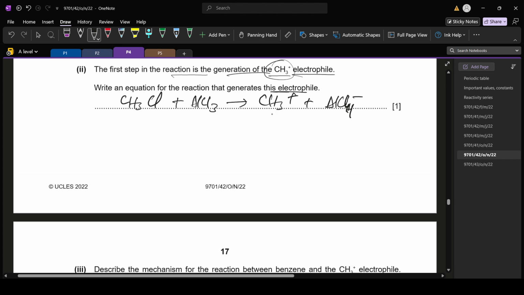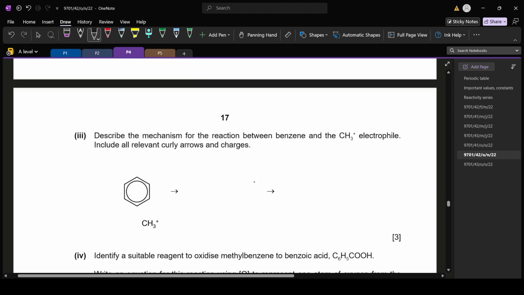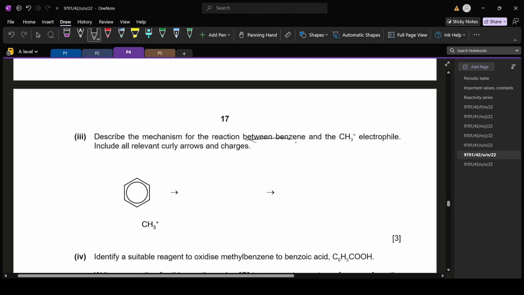Then this electrophile is attracted by this benzene ring. Describe the mechanism for the reaction between benzene and CH3 plus electrophile, include relevant curly arrows and charges. So this pi bond ring has a charge density, so it will attract this incoming electrophile. Okay, then what will happen?